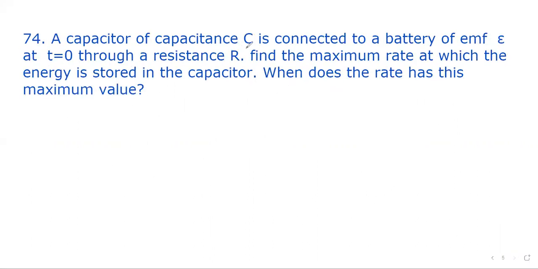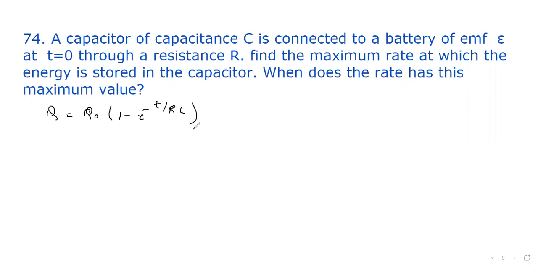Now, consider question number 74. A capacitor of capacitance C is connected to a battery of EMF epsilon at t equal to 0 through a resistance R. Find the maximum rate at which the energy is stored in the capacitor. When does the rate have this maximum value? So here, Q equal to Q0 times 1 minus e to the power minus t upon RC.